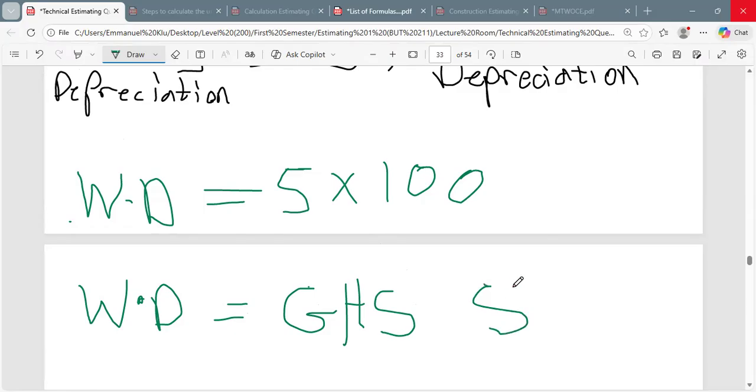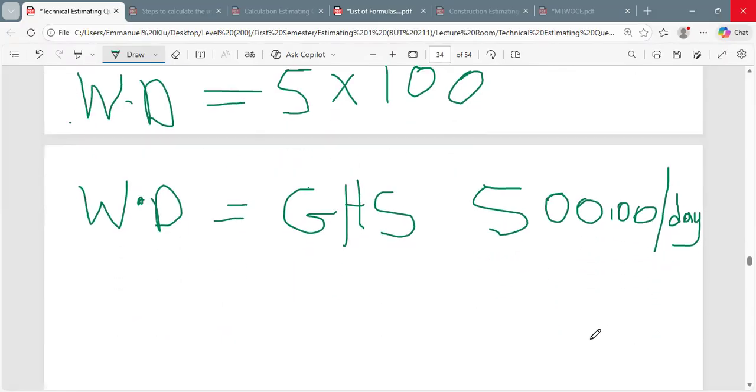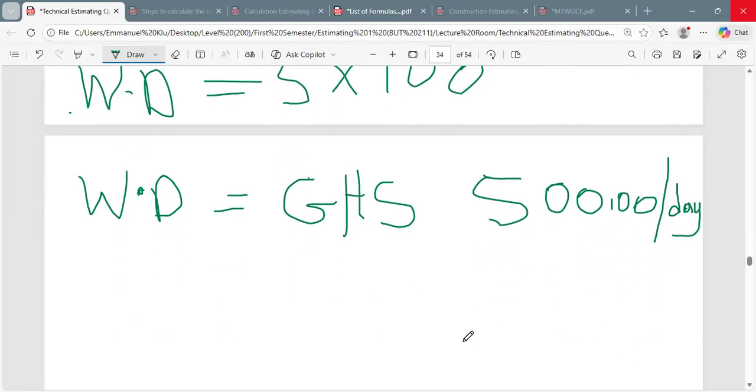So that is 500.00 per week. Let me clean it up and rewrite it all.